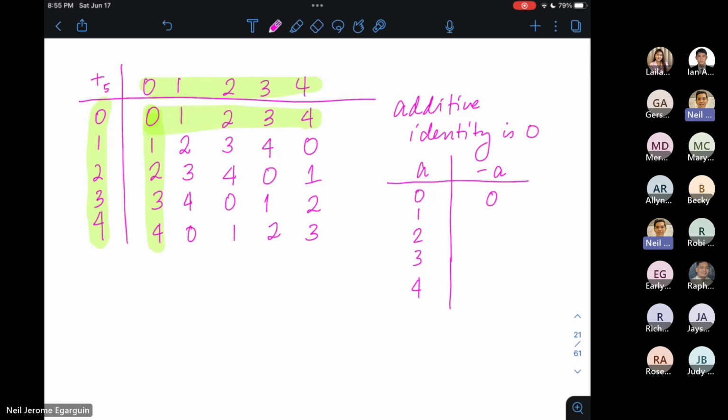Negative 1? 4. Good. Negative 2? 3. Great. Negative 3? 2. Okay. Negative 4? 1. Good.